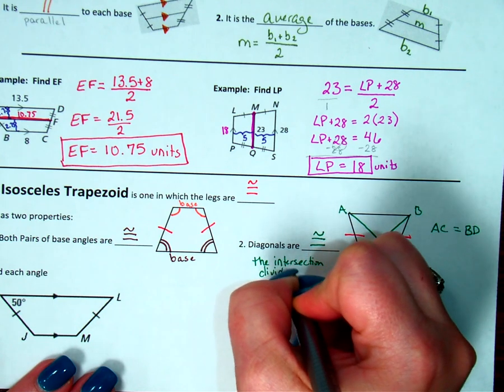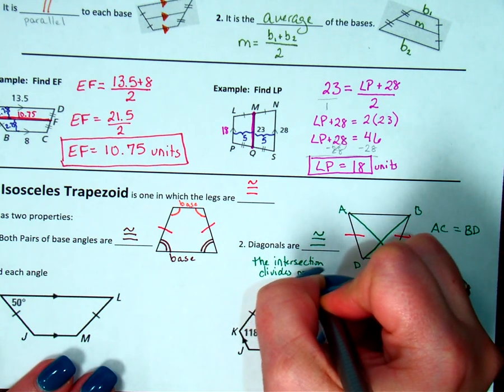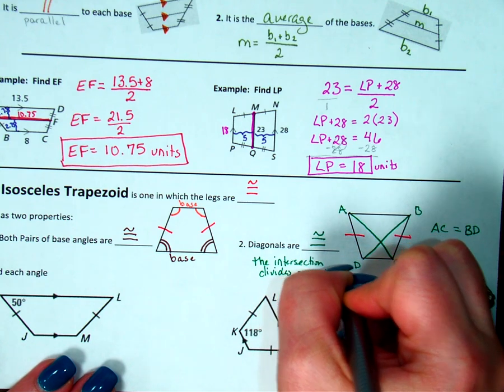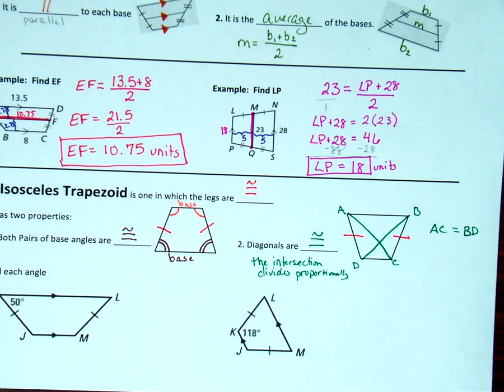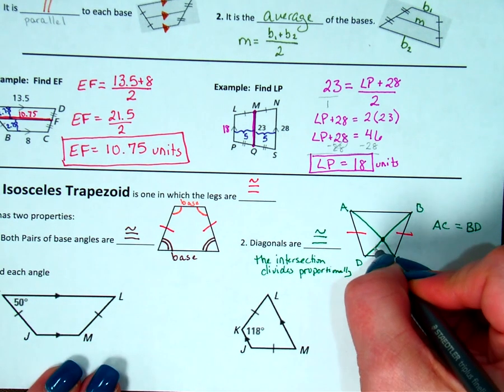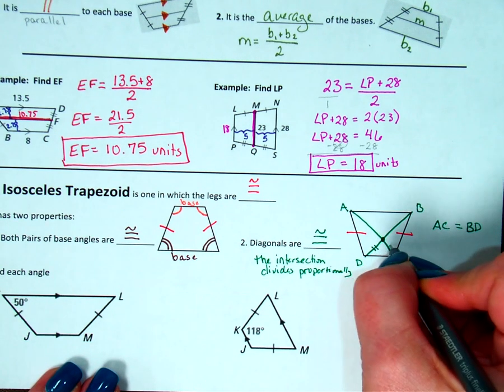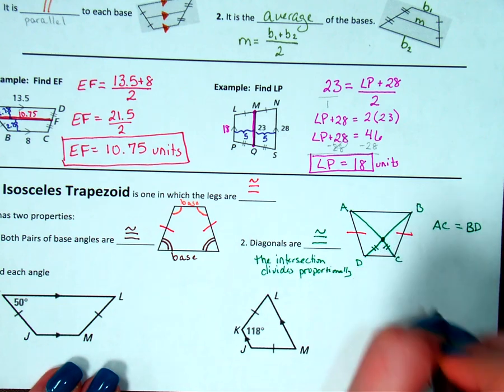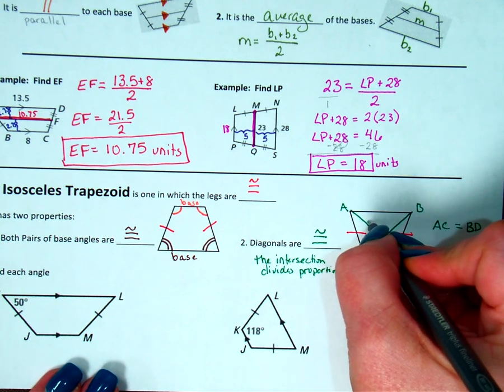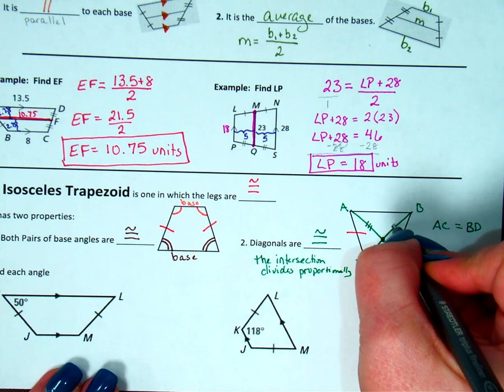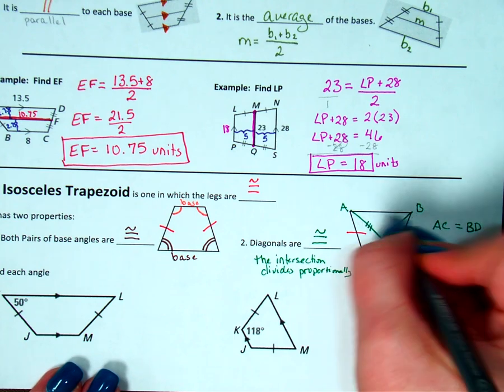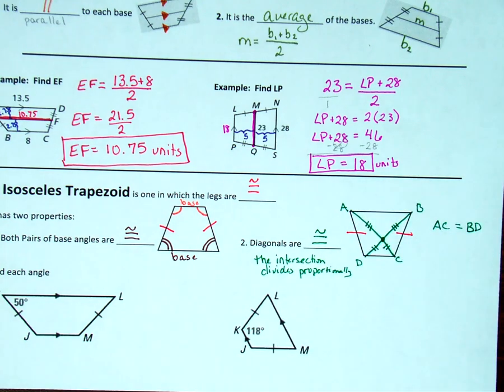Another thing about the diagonals is that the intersection divides them proportionally. And it's not like a centroid where it's 2/3 or anything like that, but what it does do that's kind of neat is this intersection is going to make these two pieces a little isosceles triangle under here, and these two pieces are going to be the same, so you'll have a little isosceles triangle up on top as well.